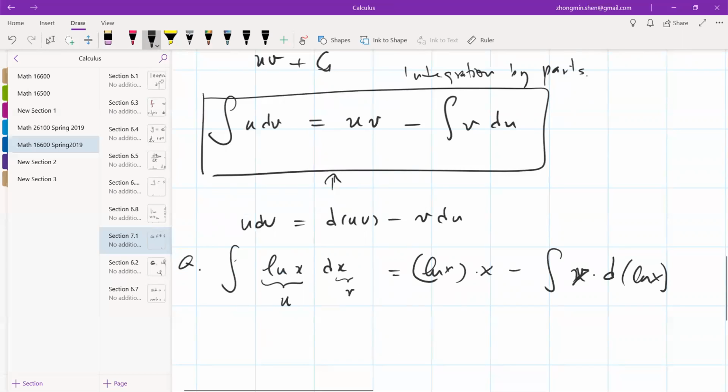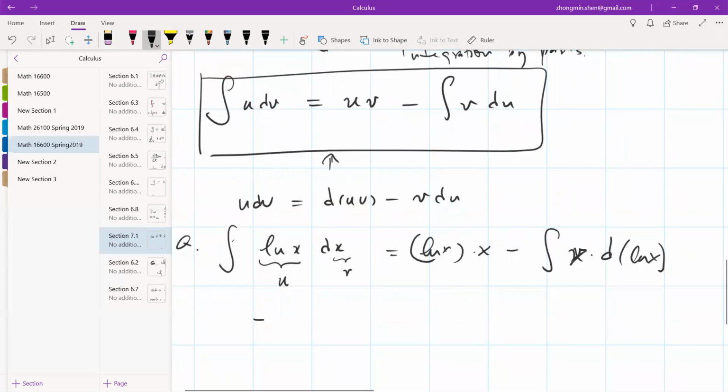What is d natural log of x? Just du, which is going to be 1 over x dx.